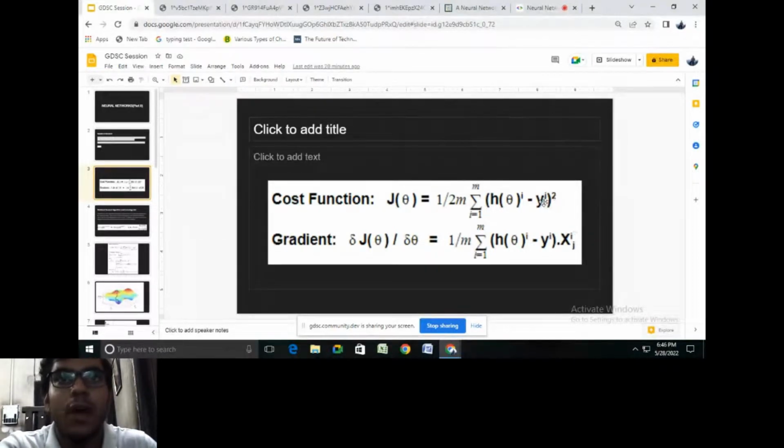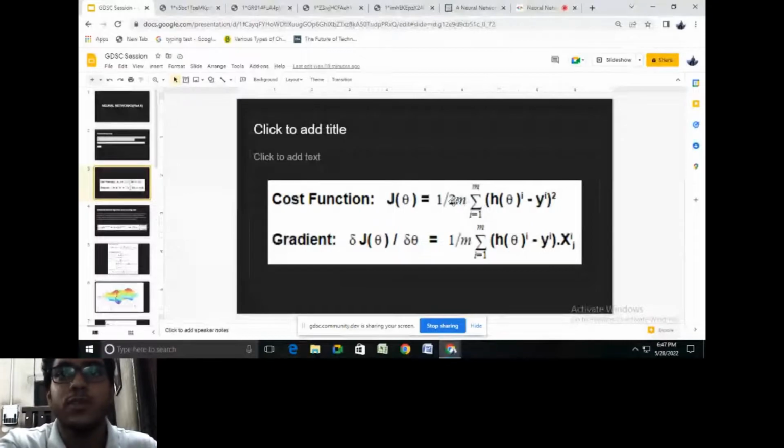Here, the yi in the cost function is the actual output which will show with the given input, and the h of theta i is the predicted output that the model will predict. So this is a cost function called the mean squared error function. You can see why: the error is h of theta i minus yi, it is squared and then divided by m with a constant factor of 2.